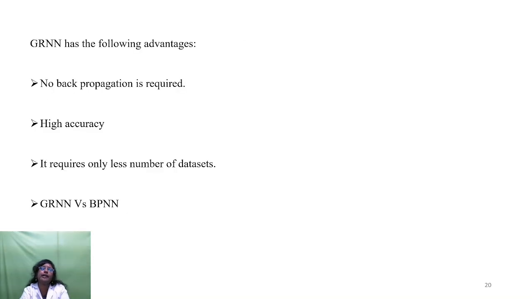The advantages of GRNN are that it has no back propagation and it has very high accuracy, and irrespective of the size of the system, with reasonably high accuracy we can use this GRNN network.